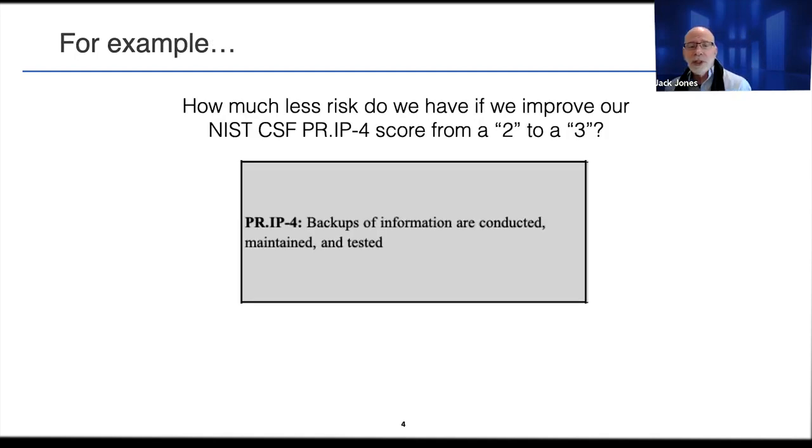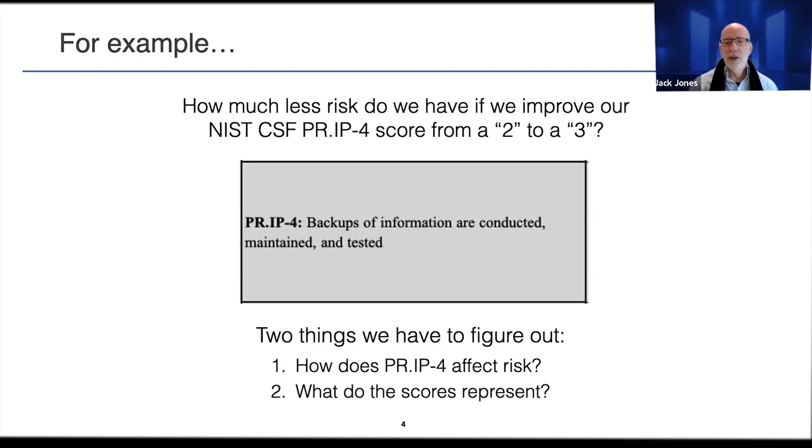So for example, let's say we have one of the NIST CSF subcategories, and we want to know how much risk reduction we get if we move from a 2 to a 3? I mean, that's kind of what we're going for here. And in order to answer that question, there are 2 things we have to resolve. One is, how does that subcategory affect risk?